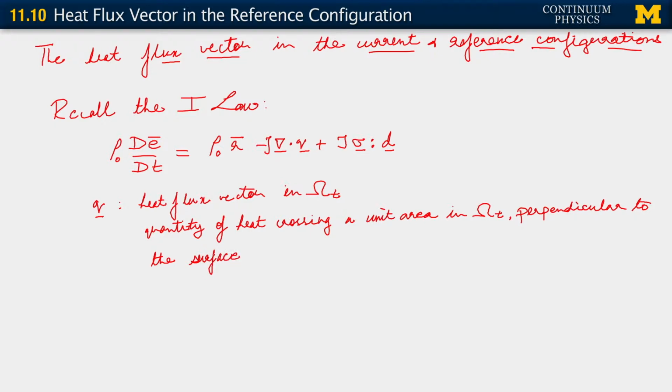Right? In order to speak of a unit area, we obviously need to have some surface, right? And so we're saying it's the heat flux, it's the amount of heat going perpendicular to that surface in omega t per unit time. So the picture is something like this. We have our body, and that is omega sub t.